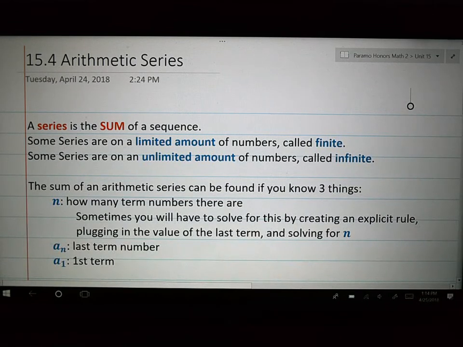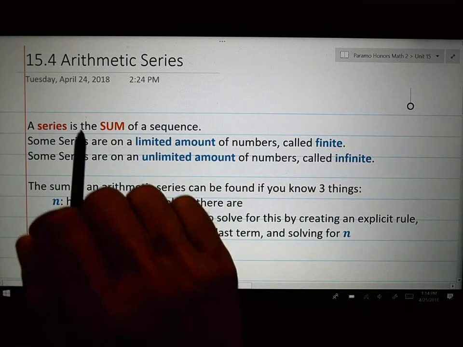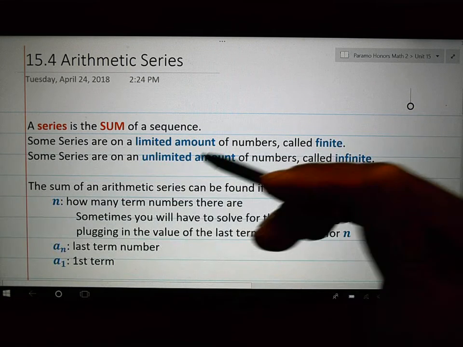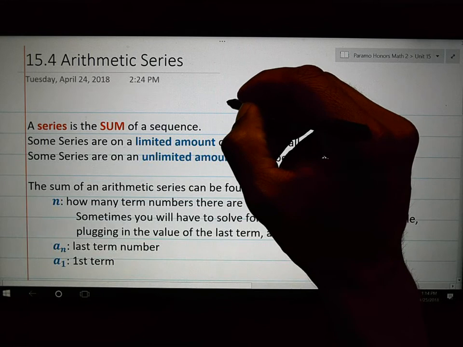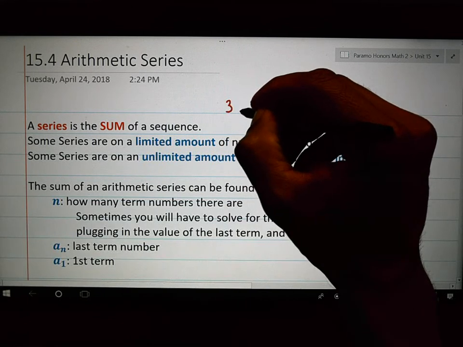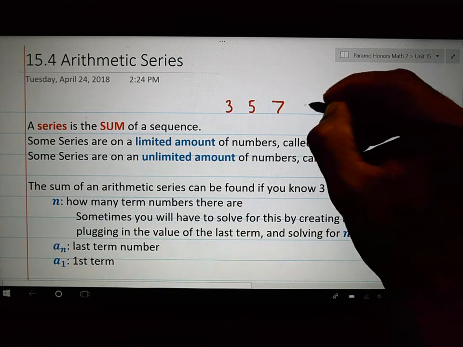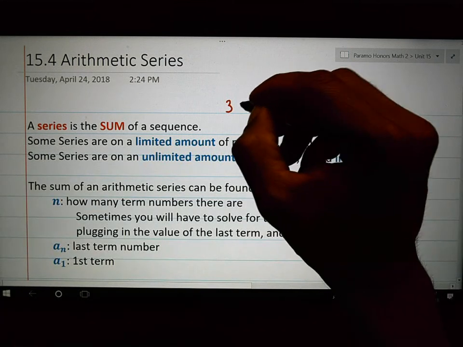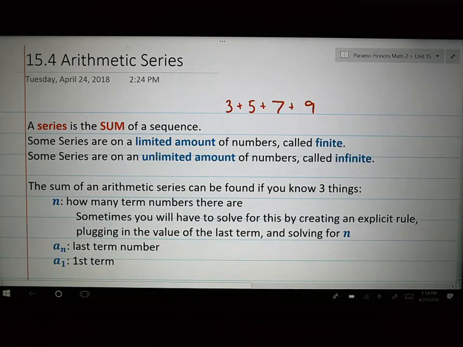They're very similar to each other, but the biggest difference is it's a sum, meaning you're going to take the sequence of numbers, but you're not just going to have the sequence of numbers. For example, 3, I'm going to add 2, 5, 7, 9. A sequence of numbers is like this, but a series of numbers is like this. That's what a series is.